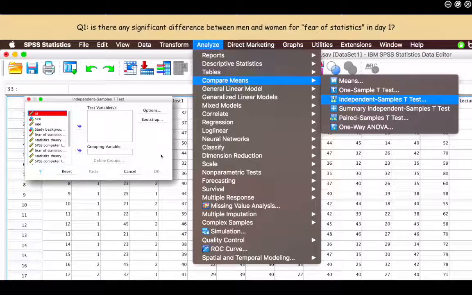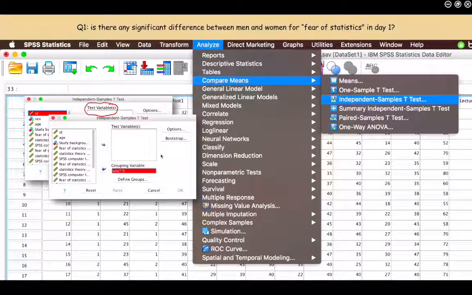You can transfer the dependent variable into the Test Variable box, as you see here, which is the fear of statistics. In the Grouping Variable box we add how we group.